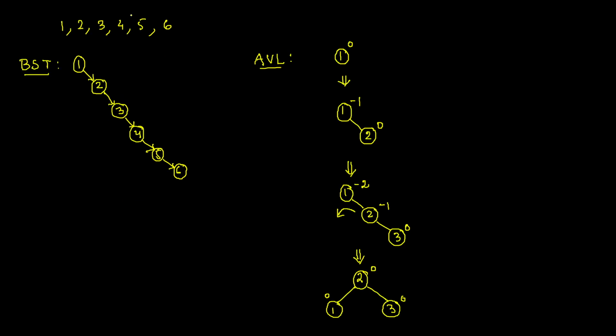Now we insert 5, and 6 again. After inserting 5, the new formation of the tree will be something like this: on this side we have 1, on this side we have 3, on this side we have 4, and on this side we have 5.